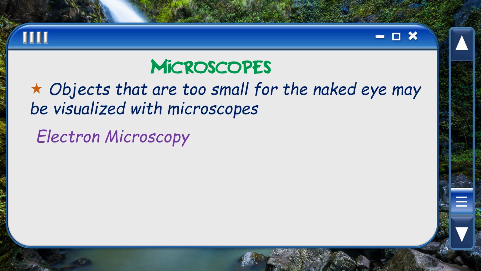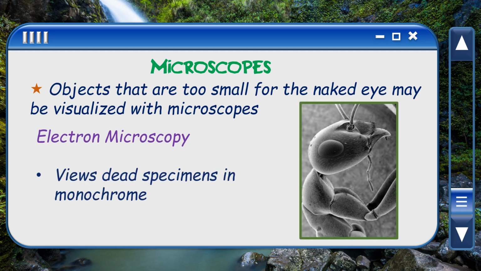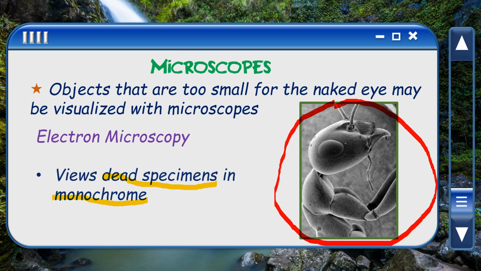Now, another type of microscope is the electron microscope. If we are using it, it views dead specimens, and these dead specimens are viewed in monochrome. That means that the organelles of your insect here are dead.